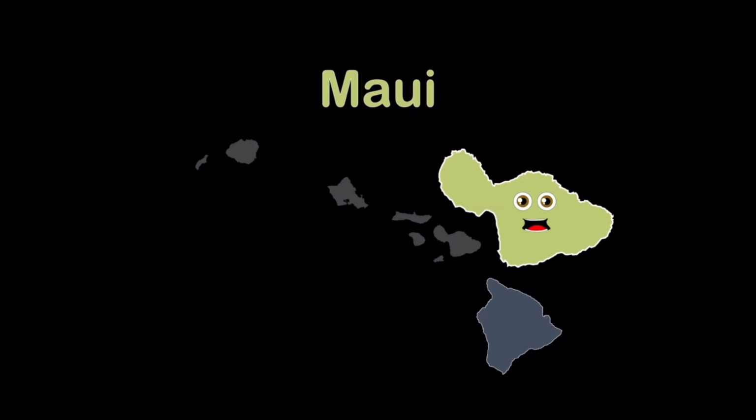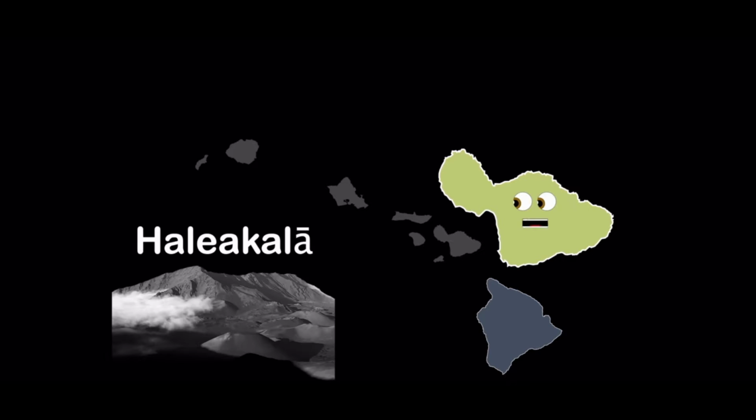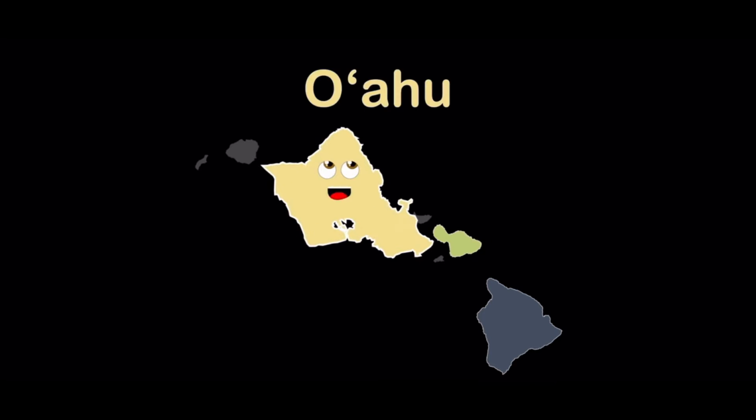Its peak's the highest point in all Hawaiian islands. The island of Maui, that is what I am. I'm the second largest of all the Hawaiian islands. I'm Oahu, known as the gathering place, the 3rd largest of the Hawaiian islands.